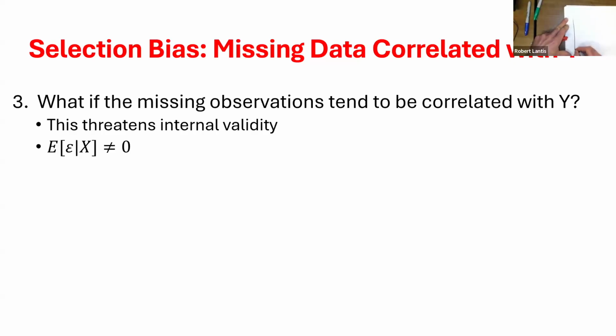maybe now, what if, here's all my observations. Here's the population data. Okay. Well, now if I have this line of best fit for the entire population data, I'm okay. But if the missing values are correlated with Y, now if I don't see anything above this Y value, now the expected value of my error terms, right?